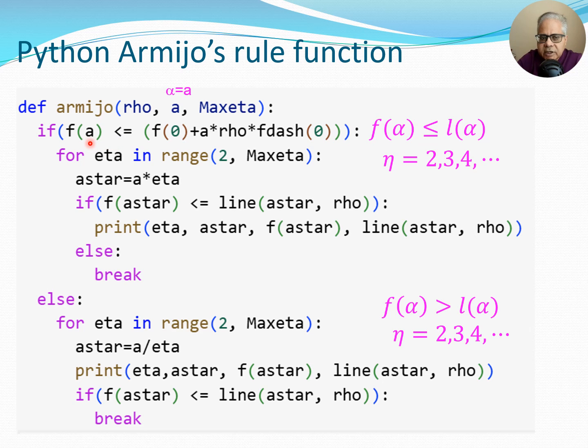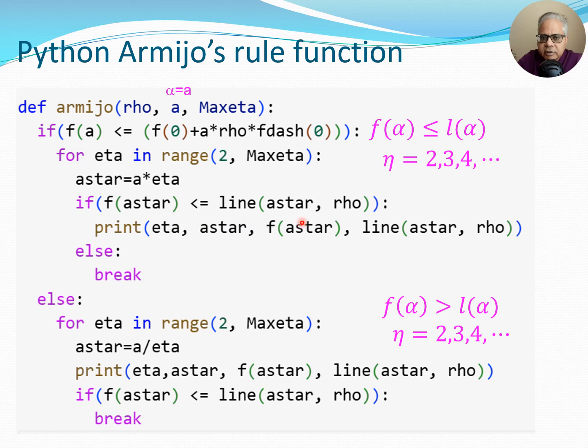So I test the case where fa is less than the value of the line, and if this is true, then I essentially go through a series of values of that factor eta, and this is from 2, 3, 4 onwards to some max value. So I'm going to give some large number here, and then each time it's going to multiply the starting value a with this value, and then check whether the function is below the line or not.